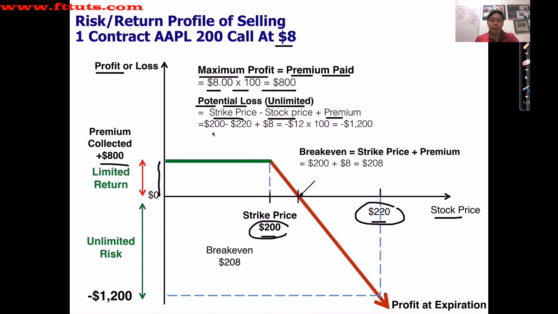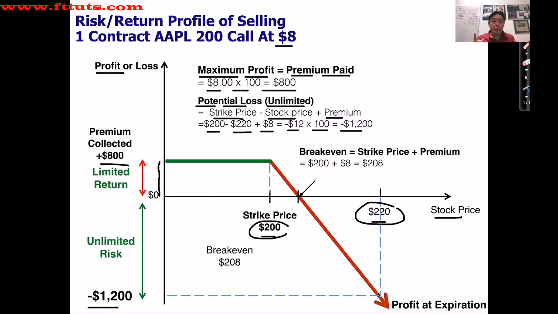The difference, 200 minus 220, is $20, right? So minus $20, you lose. But you collect the premium of $8. So net, you lose $12 times 100 shares, you lose $1,200. So when the share price goes to 220, you potentially lose $1,200.